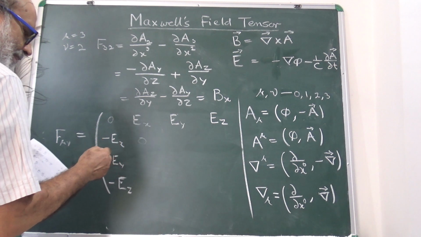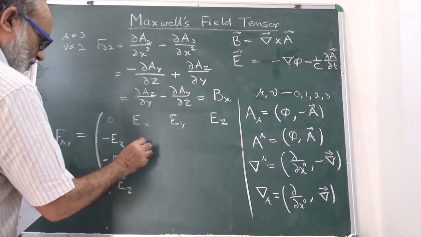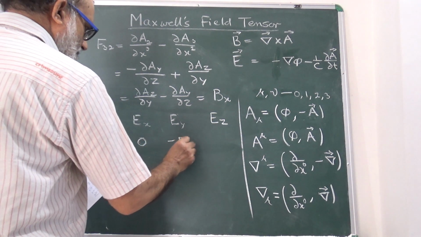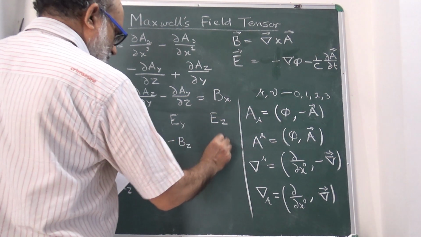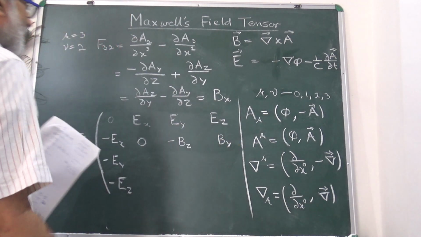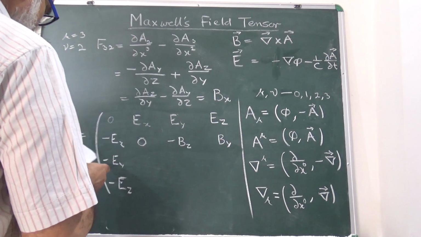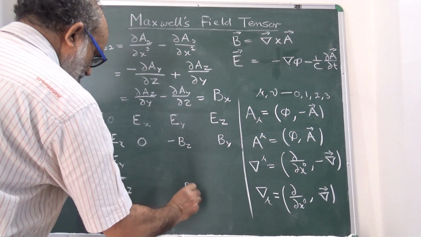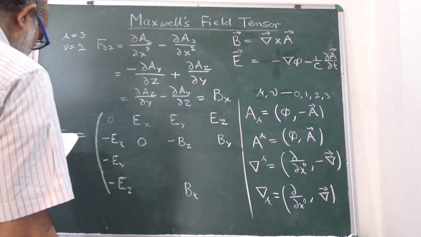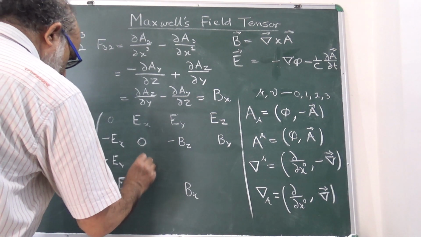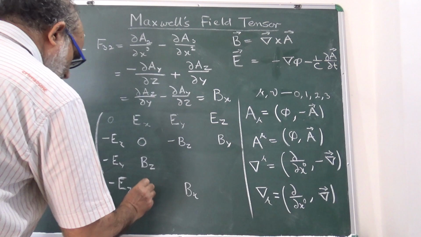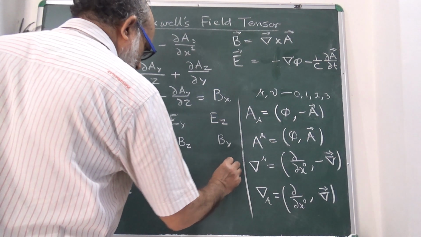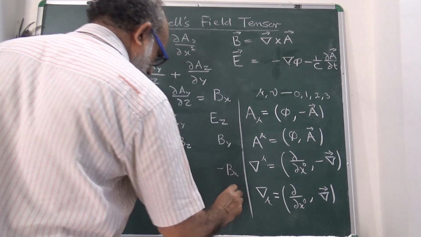All the diagonals will be 0. That is, this will be minus Bz, By. 3, 2 we have already worked out. 3, 2 is this much. It is Bx. This will be Bz. This will be minus By. Obviously this will be Bx.